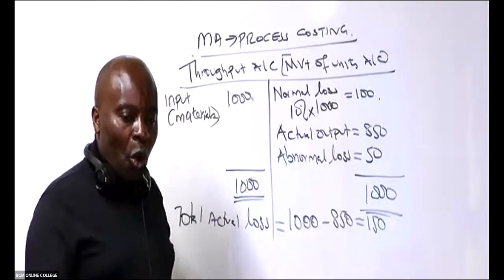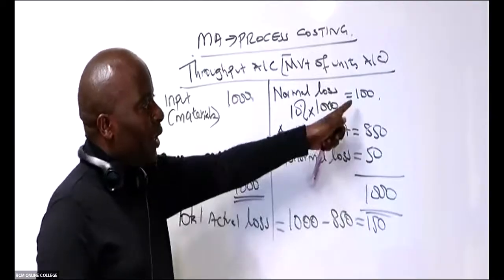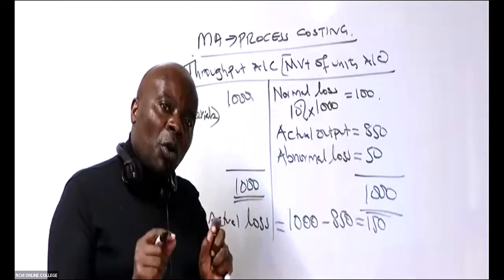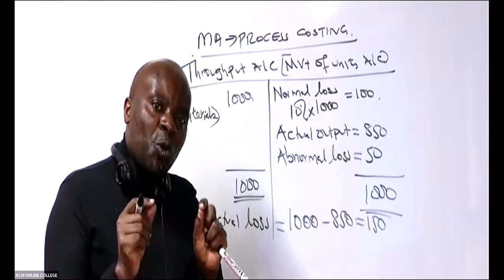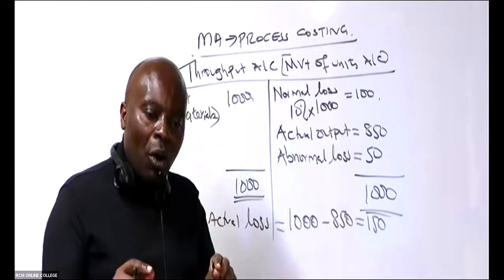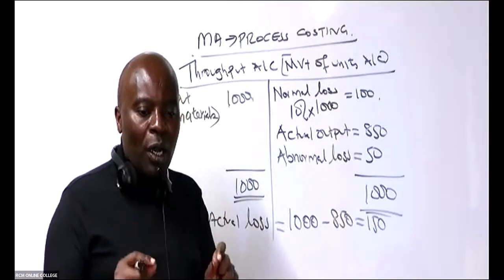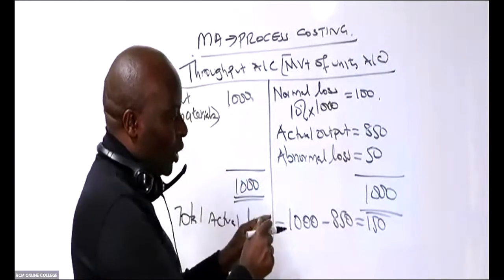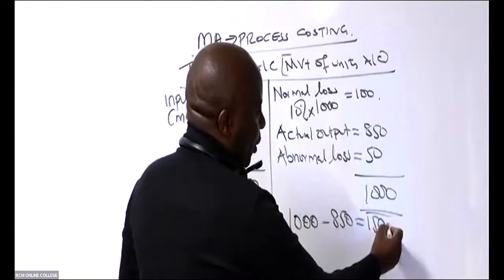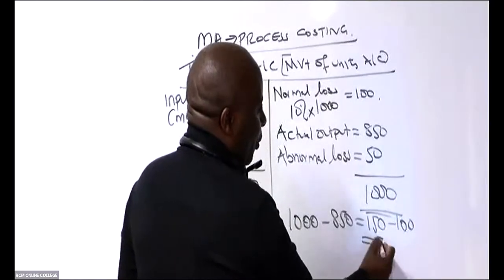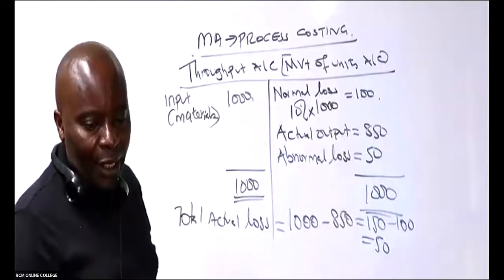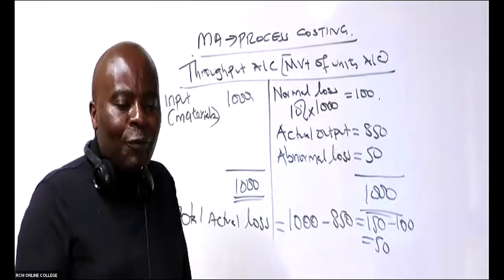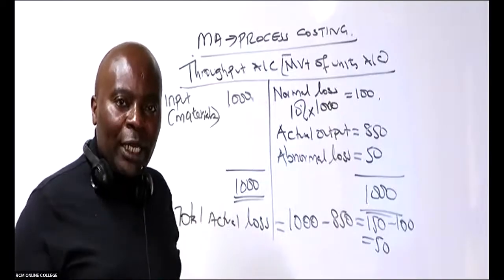And this total loss of 150 is more than the normal loss. We said that whenever the actual loss is more than the normal loss, then you get what we call an abnormal loss. In this case, the actual loss is 150 and the normal loss is 100. So if you subtract 100, we get an abnormal loss of 50, but we don't have to go that way at all.